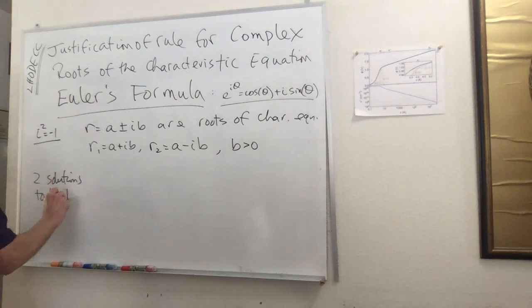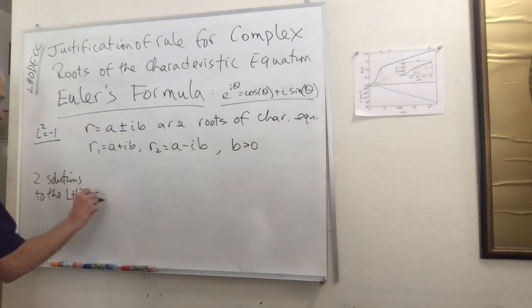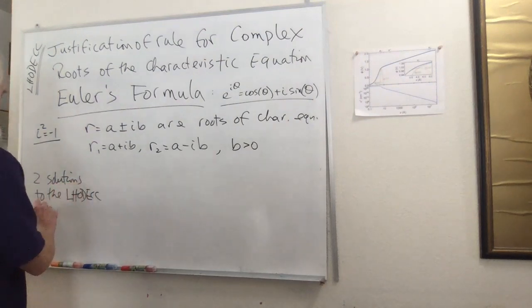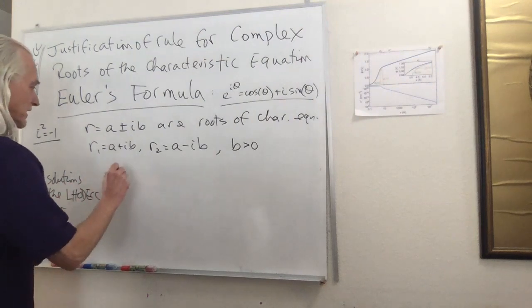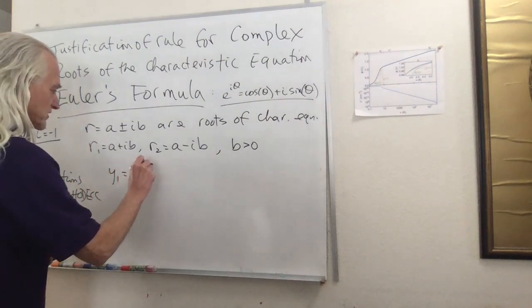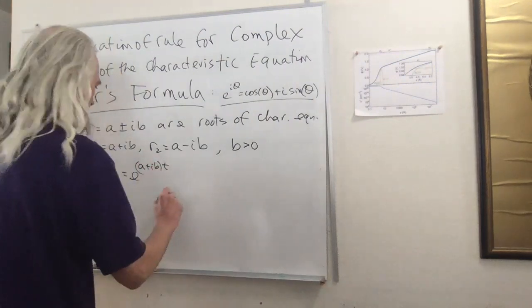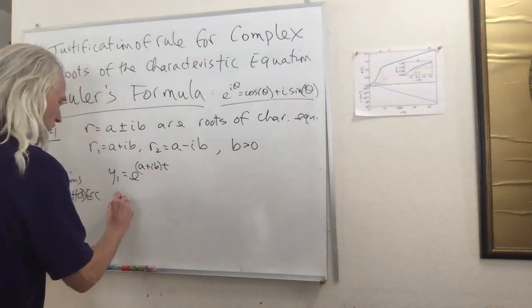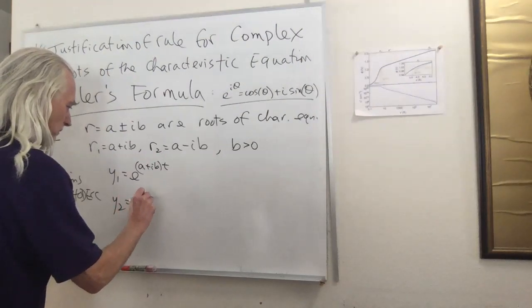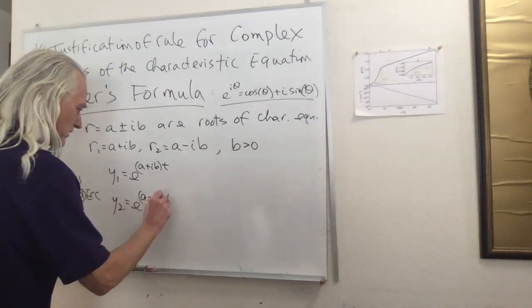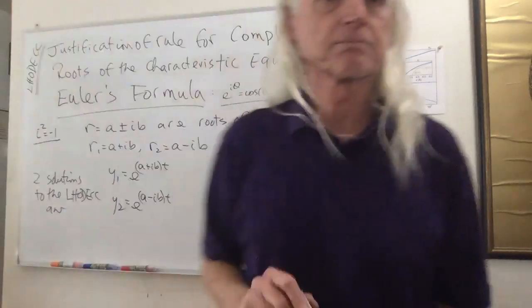All right, so I do get two solutions to the ODE. Not just any old ODE, it's a LHODECC. I have y1 is e to the (a plus ib) times t. And I get y2 is e to the (a minus ib) times t.